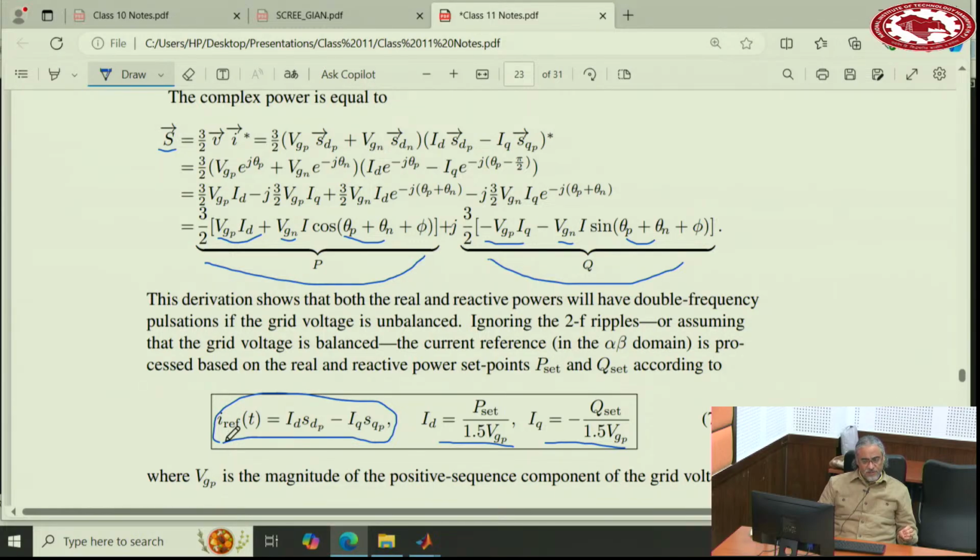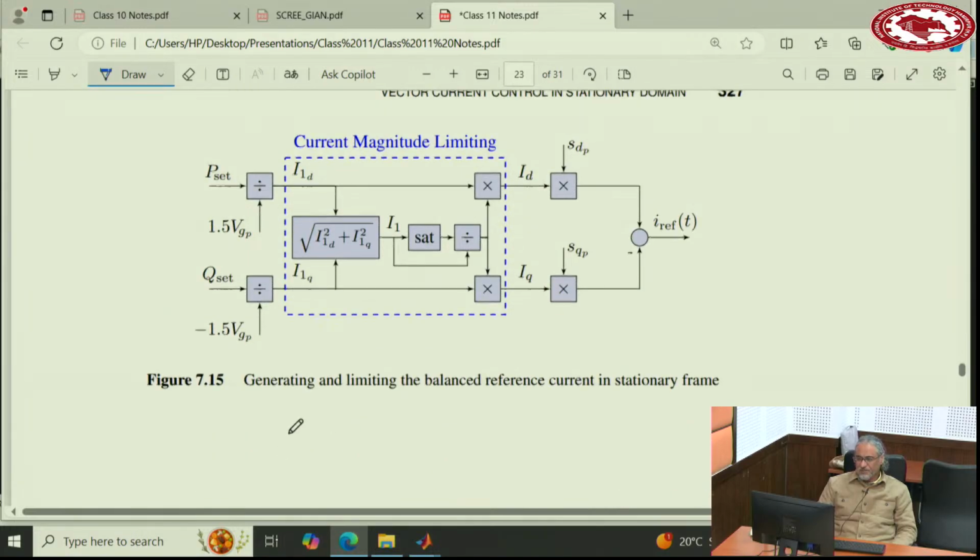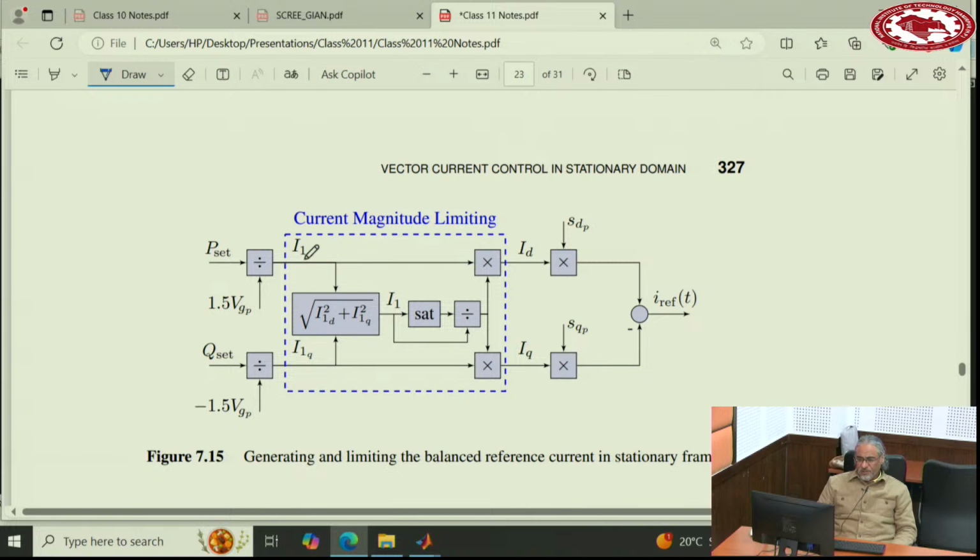What about limiting? You need to limit ID and IQ. This is the way to do it, and we have already done this before. So you generate ID and IQ. You calculate the magnitude of the current, the entire magnitude. You limit it. Now this limited value you multiply back into this one, and so these currents here are now limited by the limit here.